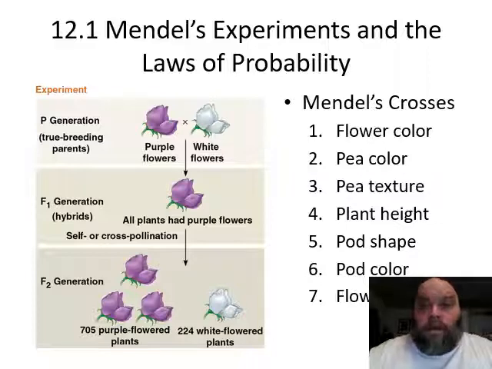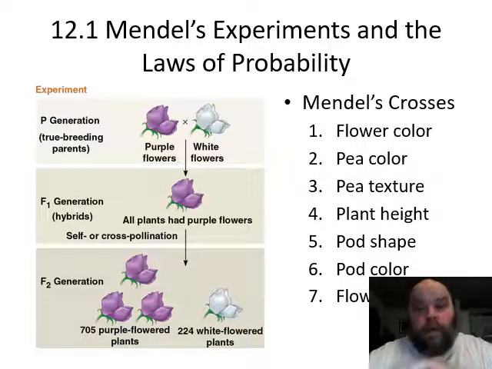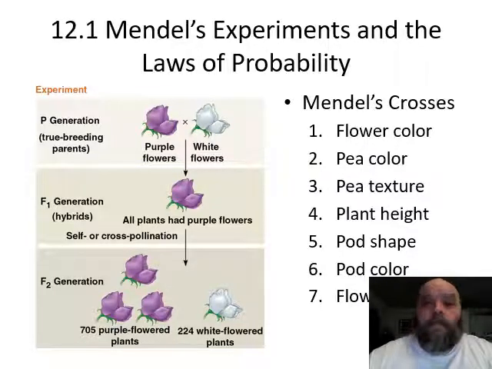Now, when you look at what Mendel actually studied, he studied seven different characters. And it turns out that the characters he was studying each had two traits. Flower color, as you see over there, purple or white. Pea color, yellow or green. Pea texture, round or wrinkled.